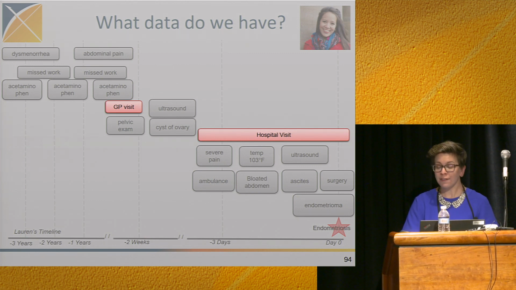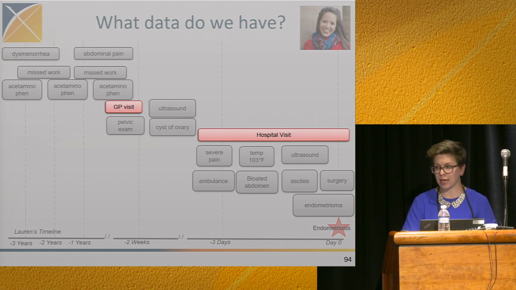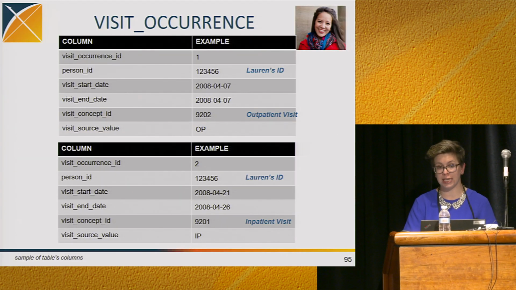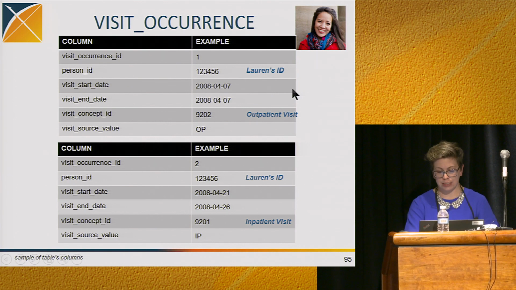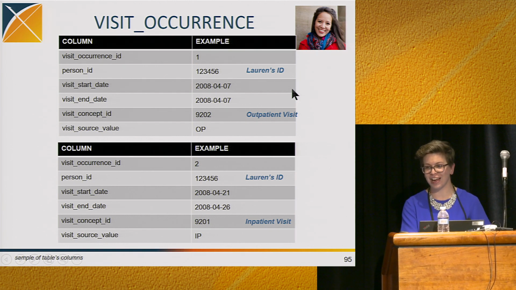So Lauren specifically talked about 2 different types of visits. She had a GP visit, which I would discuss as an outpatient visit, and she made a hospital visit. So she stayed overnight in a hospital. So here's her 2 visits. Again, you see her IDs. An outpatient visit is usually, if the data looks fine, going to be 1 day and not more than that.